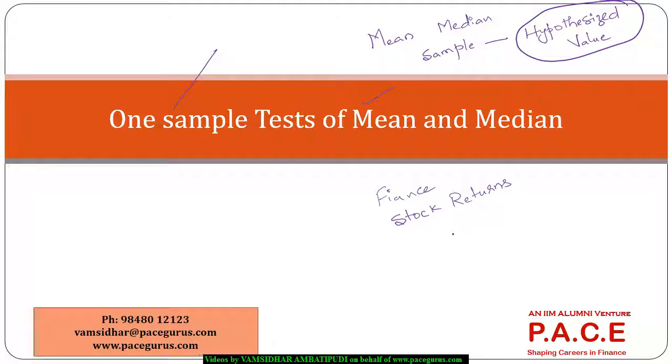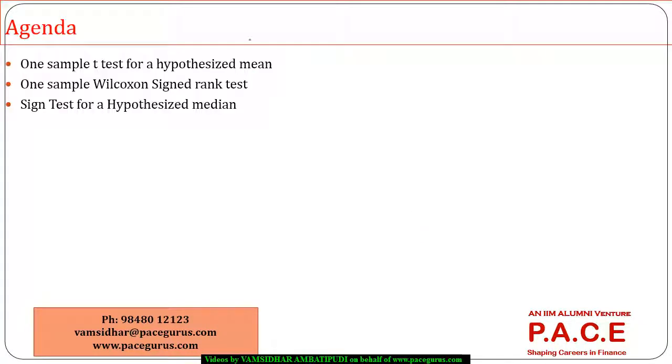Now, I want to make some kind of tests or conclusions with respect to the mean of a data or the median of a data. That is where I am referring to these kind of tests, right? So here I am talking about three types of tests. One is a t-test for a hypothesized mean.